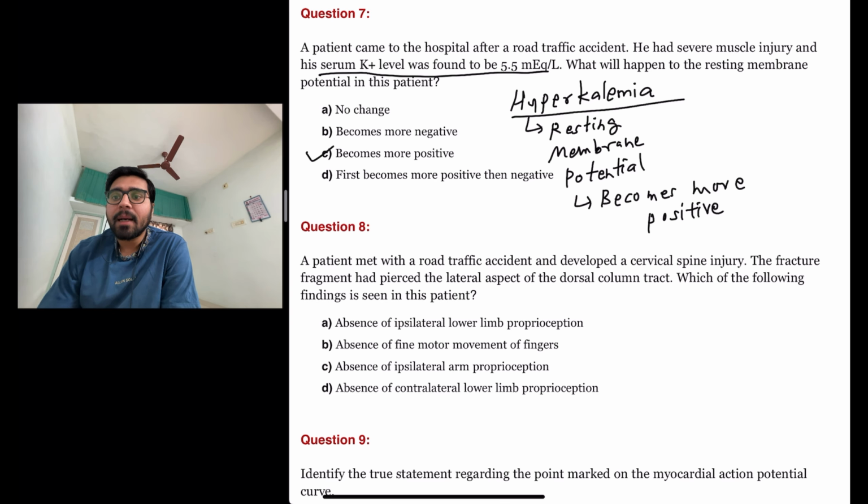The next question is, a patient met with a road traffic accident and developed a cervical spine injury. The fracture fragment had pierced the lateral aspect of the dorsal column tract. Which of the following findings is seen in this patient?